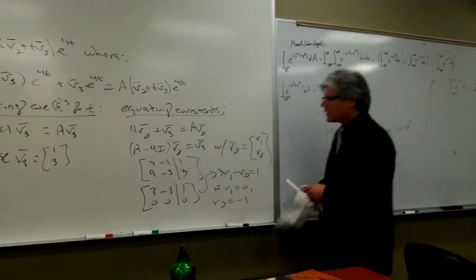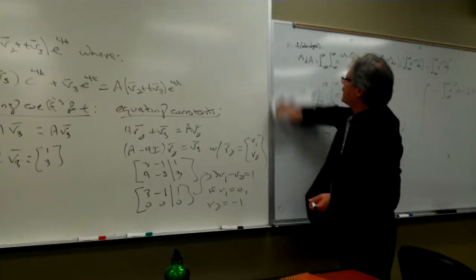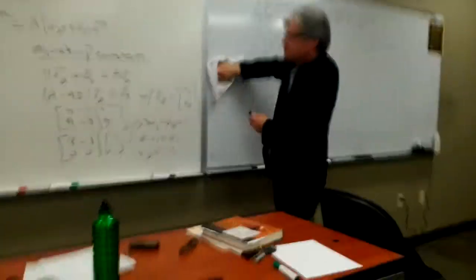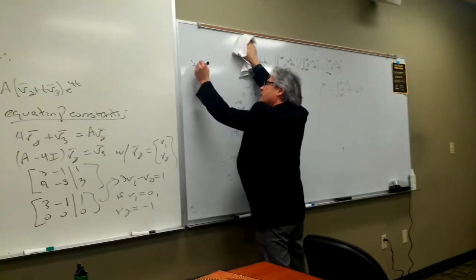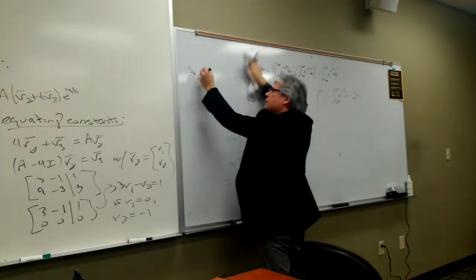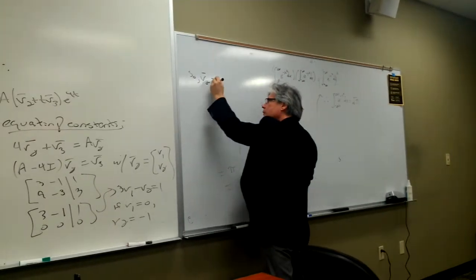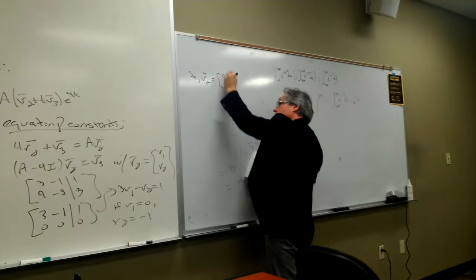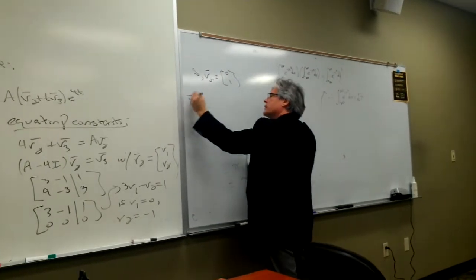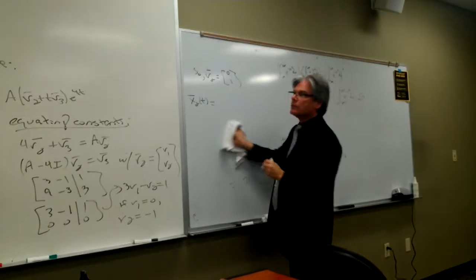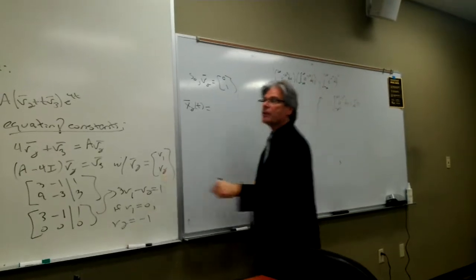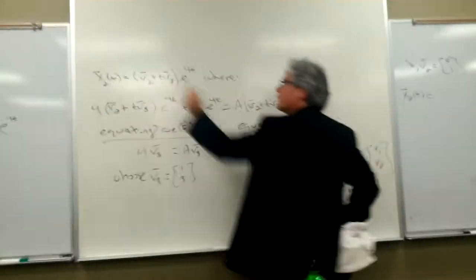That being the case, I'm sorry to erase that beautiful proof. So I guess what I have at this point is that my V2 bar is nothing more than, I've lost it, is it 0, negative 1? Yep. Ah, but that means my X2 bar T is going to be nothing more than, check out this up over here, you guys, my V2 bar.